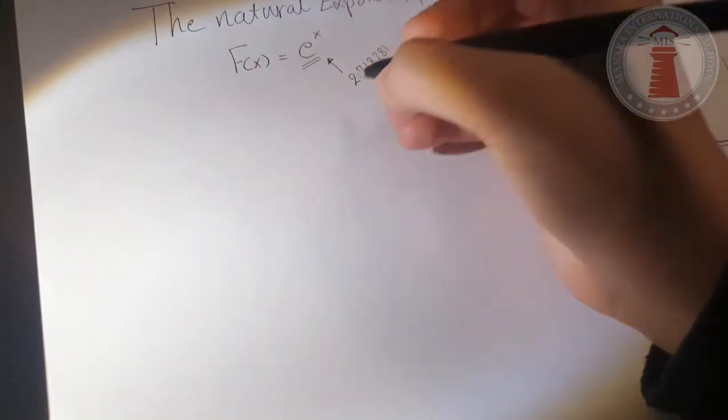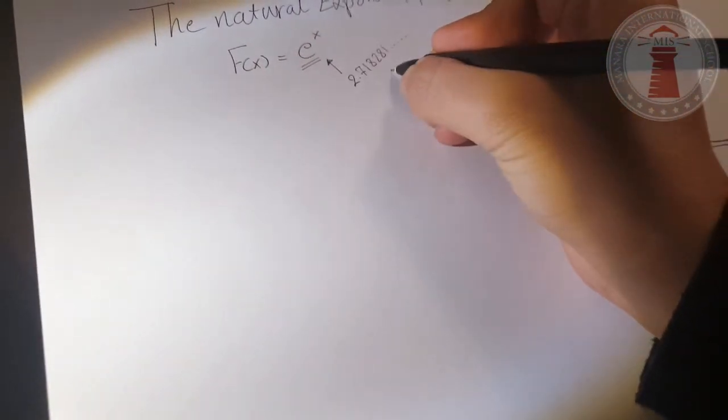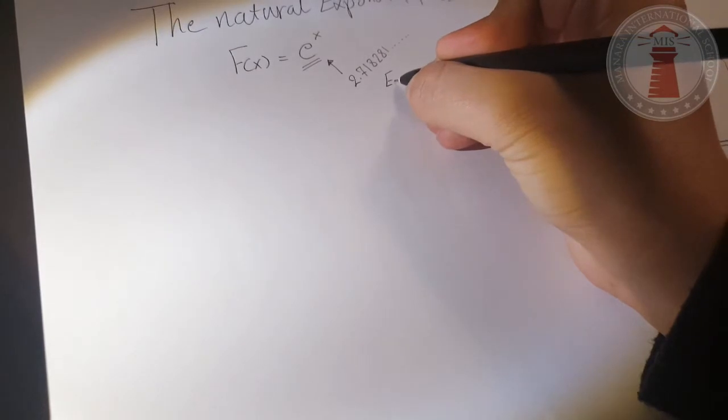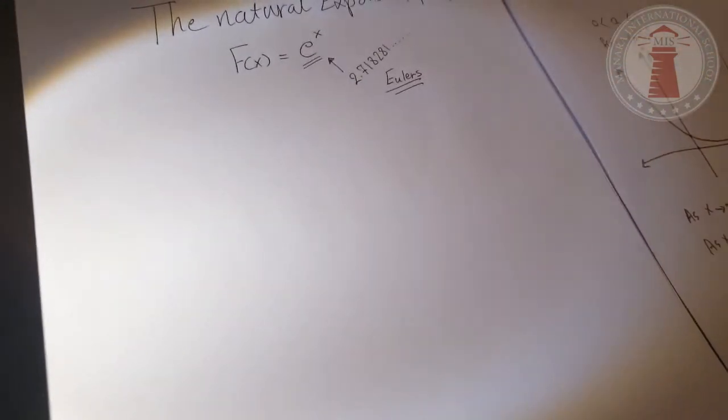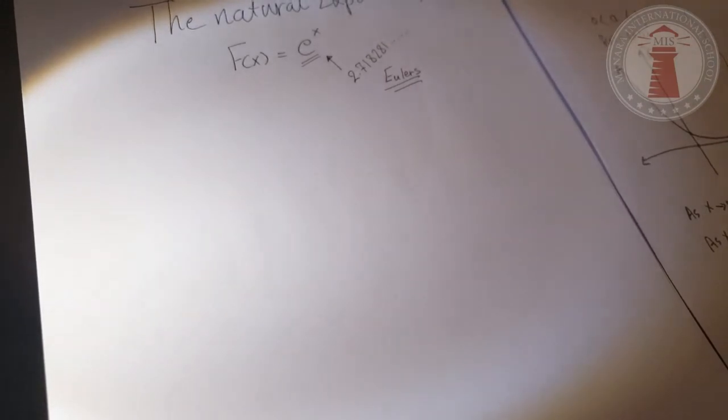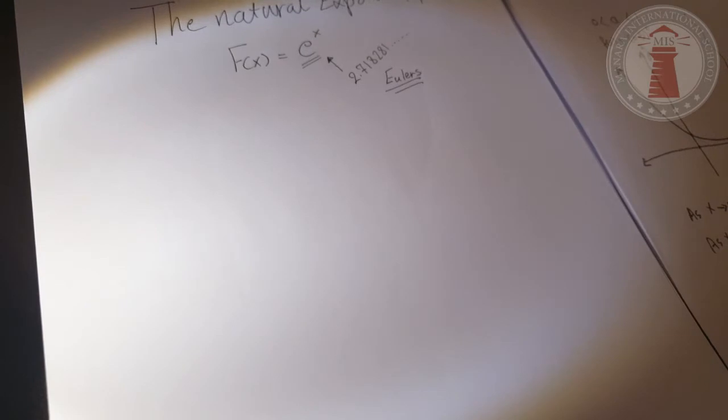Anyway, this is written e, and this number is called Euler's number. So using Euler's number gives us one of the most accurate functions used in our daily life and in some real life applications.